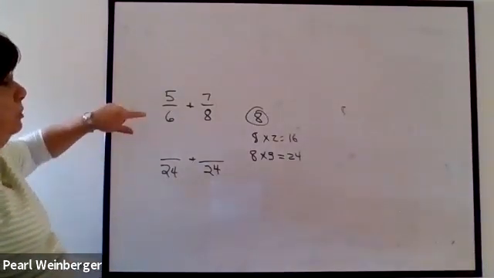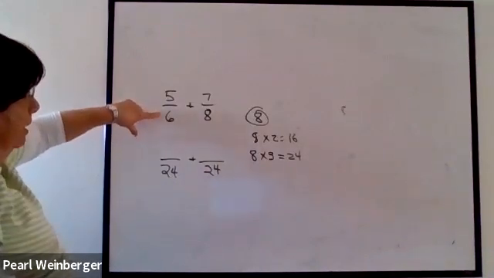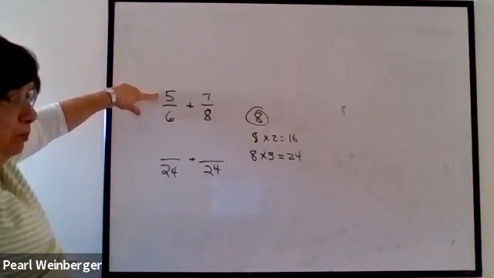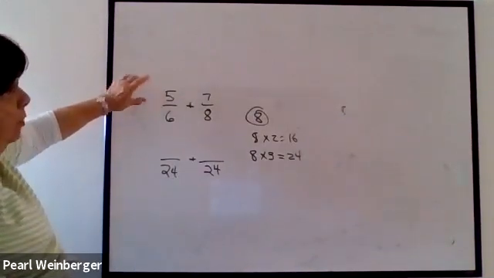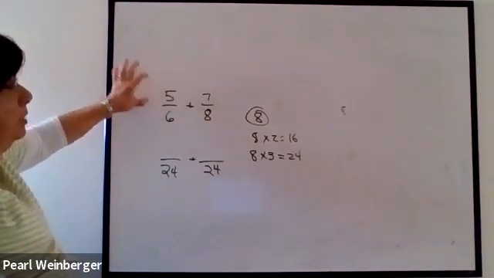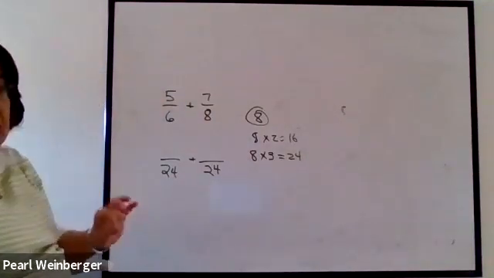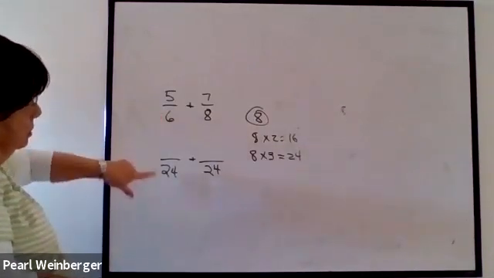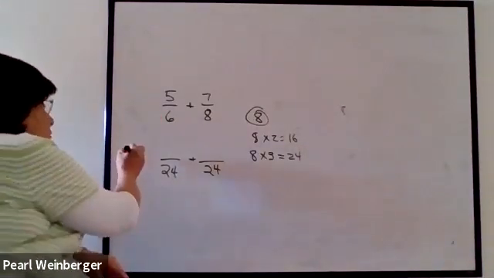And the way we do it is we figure out what we multiplied the denominator by and use that same number to multiply the numerator. We want to multiply the numerator and denominator by the same number in order to not change the value of the fraction. So I divide the 6 into the 24. That gives me 4.